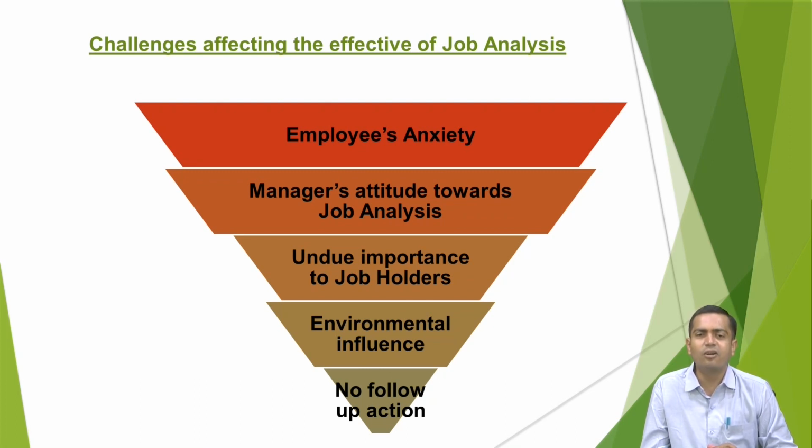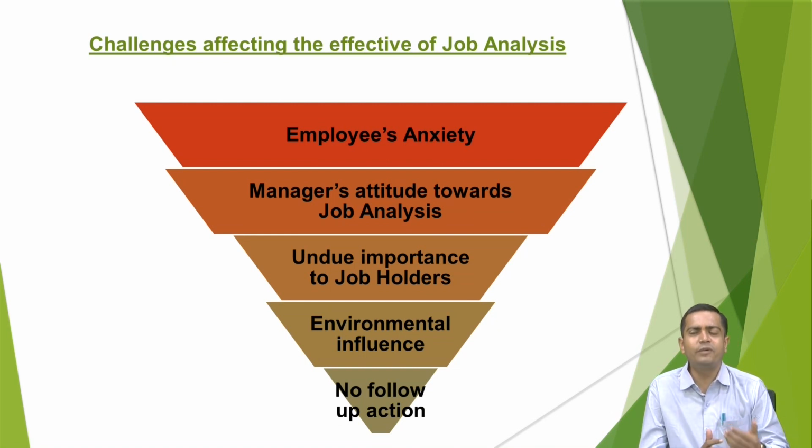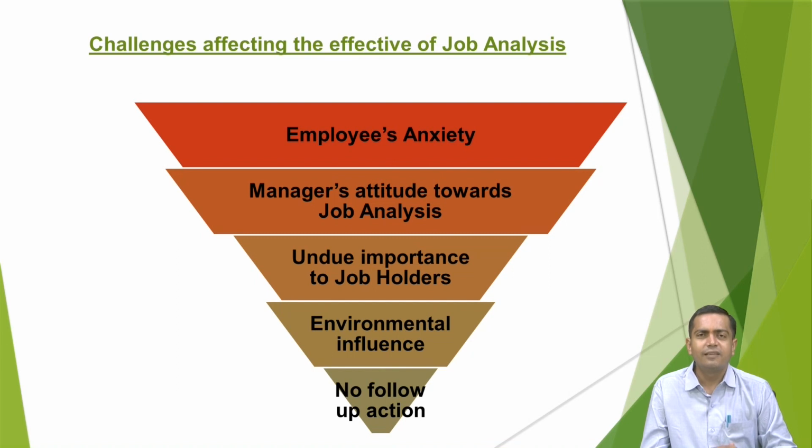And last but not the least, no follow-up action. Once we try to get the information, they didn't respond, and the second or third time we fail to approach. So what happened? We are not going to have proper information. So these are considered significant challenges in collecting data, and as a result we couldn't analyze the particular job.